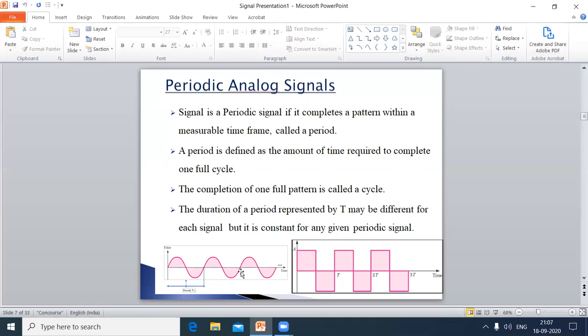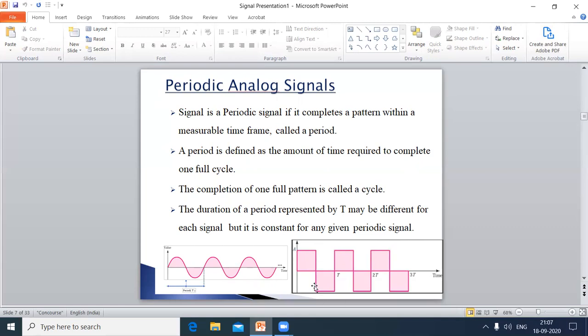This curve, period two, period three, T1, T2, T3. Okay. The duration of a period represented by T may be different for each signal, but it is constant for any given periodic signal.